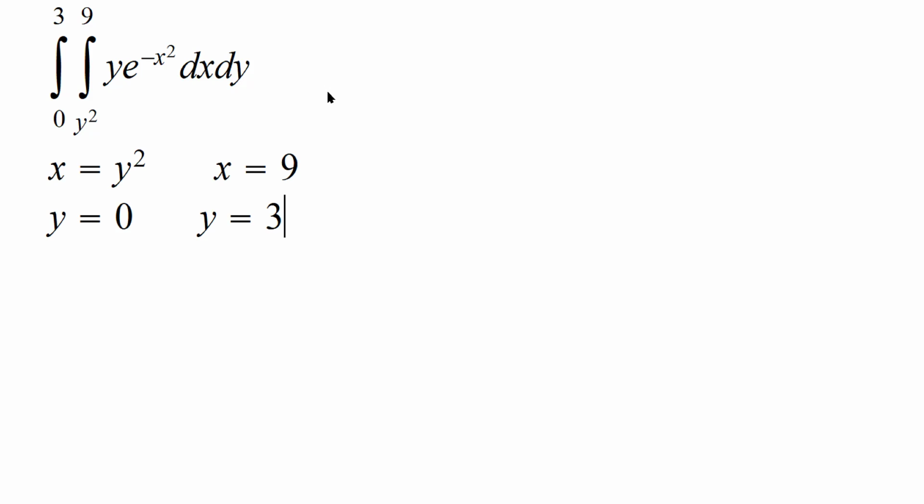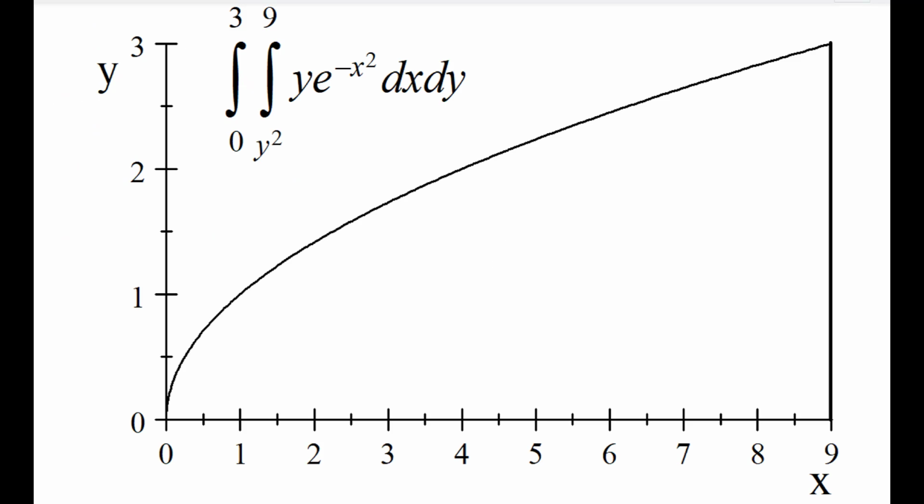So notice that in here first we were integrating with respect to x, and our x ranges from y squared to 9, right? And y ranges from 0 to 3. So if we look at a graph of this domain, here our y goes from 0 to y equals 3.